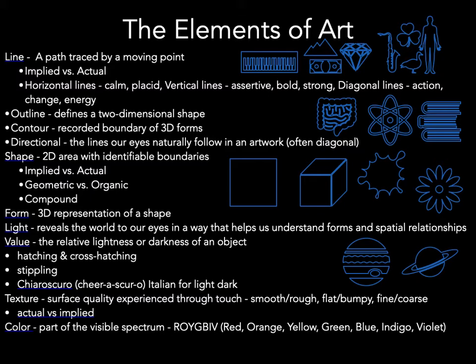We have geometric shapes versus organic shapes. Of course, the geometric shapes are the shapes that have names to them that you've learned in math classes, your geometric type shapes, right? Like your squares and your circles and your triangles, and however far you got in math, you will get a really long list of very complicated names.